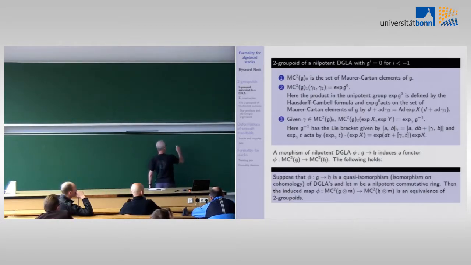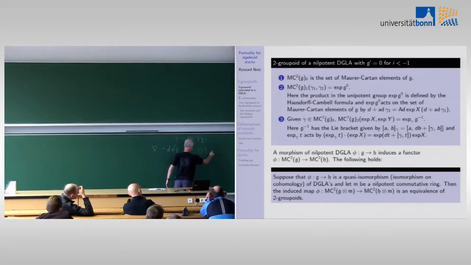Just to help you, I start with this Maurer-Cartan element of G. Then the Maurer-Cartan equation just says there's a differential on my DGLA, and there's this Maurer-Cartan element. And if I think of it as acting by bracket, then the Maurer-Cartan equation just says that nabla squared is 0. So one can think of the Maurer-Cartan elements as flat connections.